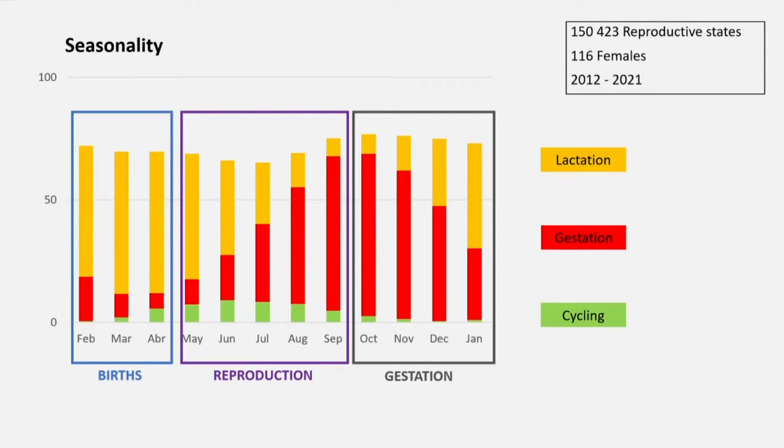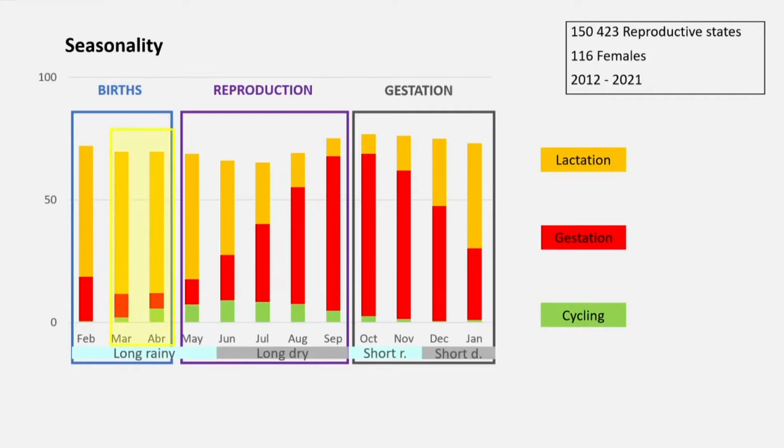Seasonality of reproduction is a strategy to cope with changing environments that maximizes the chances of offspring survival at the same time that it minimizes the maternal cost for future reproduction.